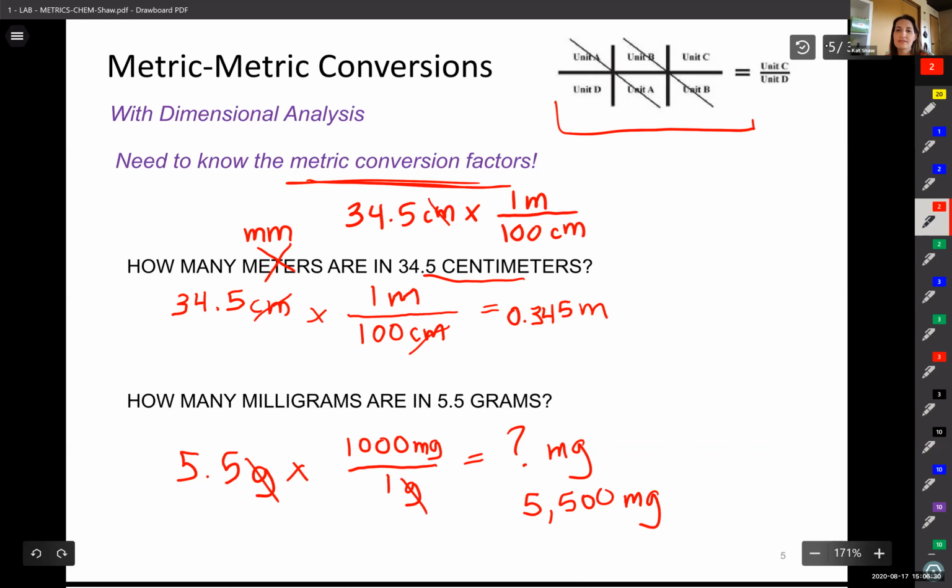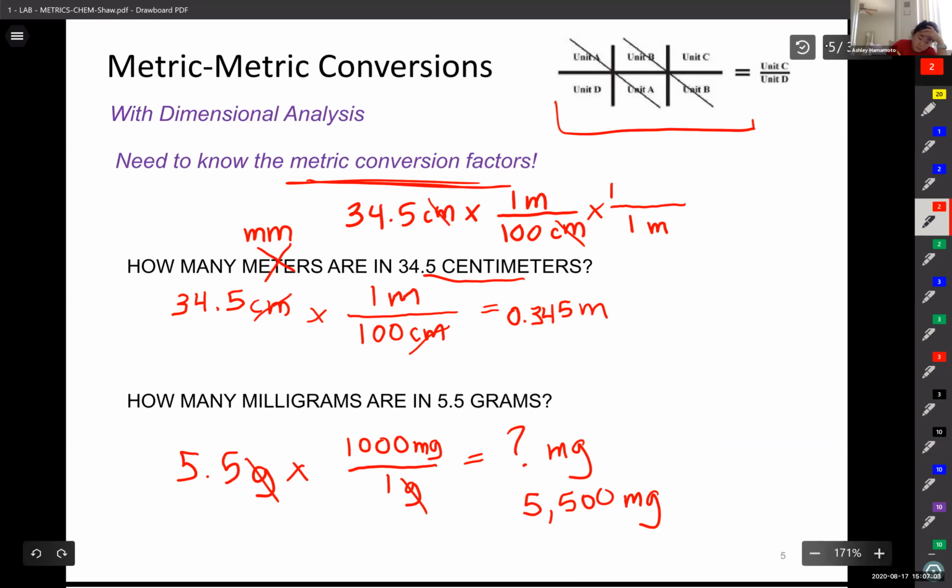At this step, I would have converted my centimeters to meters, but I don't want meters. I want millimeters, right? So technically, can't I convert from meters now to millimeters, knowing that conversion factor? And how would I set that up? What would go on the bottom here? 1 meter. What would go on the top? 1,000 millimeters.